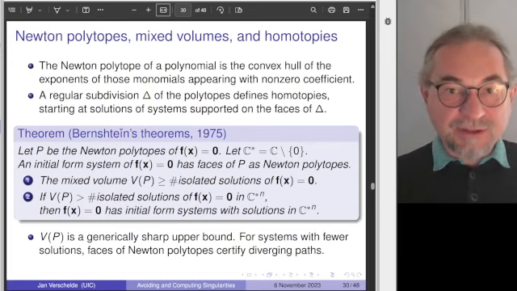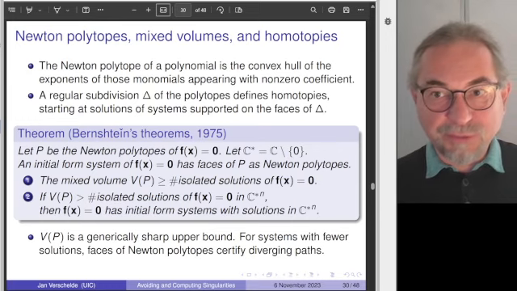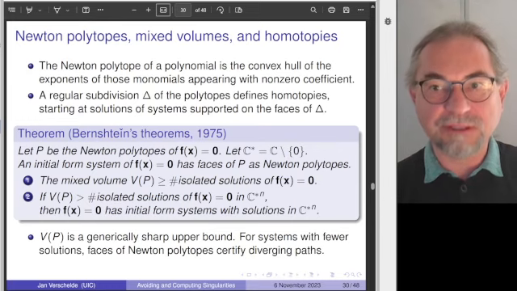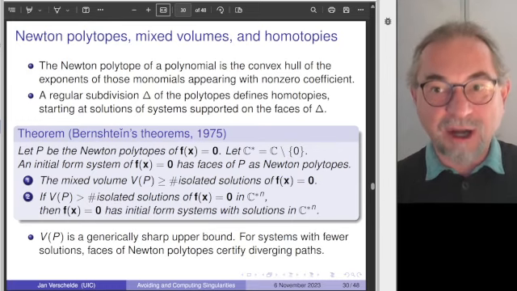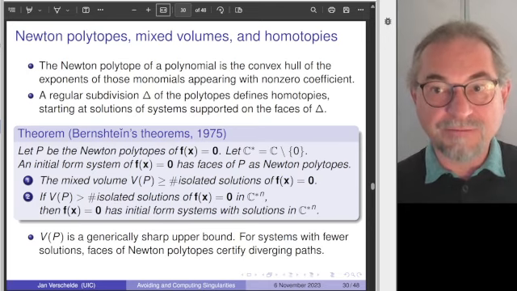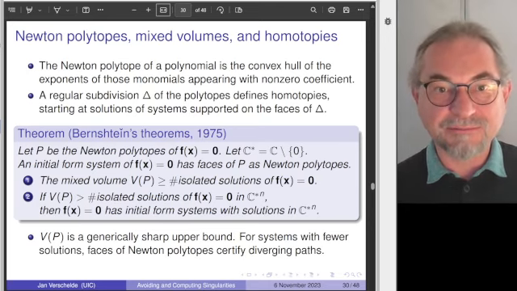If you have a regular subdivision, so from computational geometry, a regular triangulation: if you lift the points and you look at the lower hull, that induces a subdivision. We call that a regular subdivision. The height can be interpreted as the powers of an extra parameter.